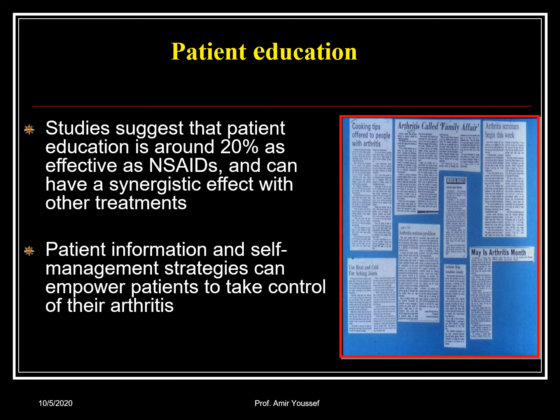Studies suggest that patient education is around 20% as effective as non-steroidal anti-inflammatory drugs and can have a synergistic effect with other treatments. Patient information and self-management strategies can empower patients to take control of their arthritis.